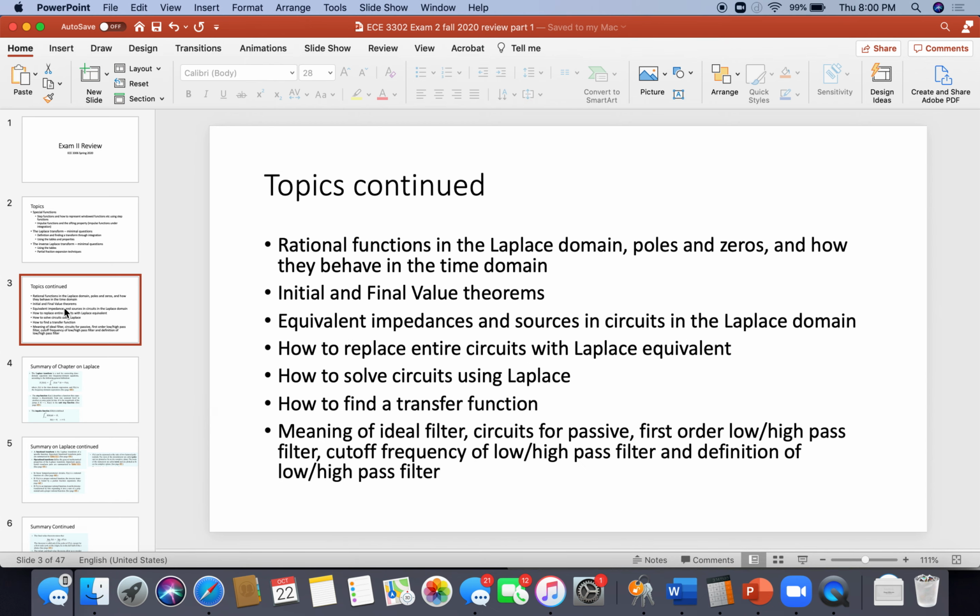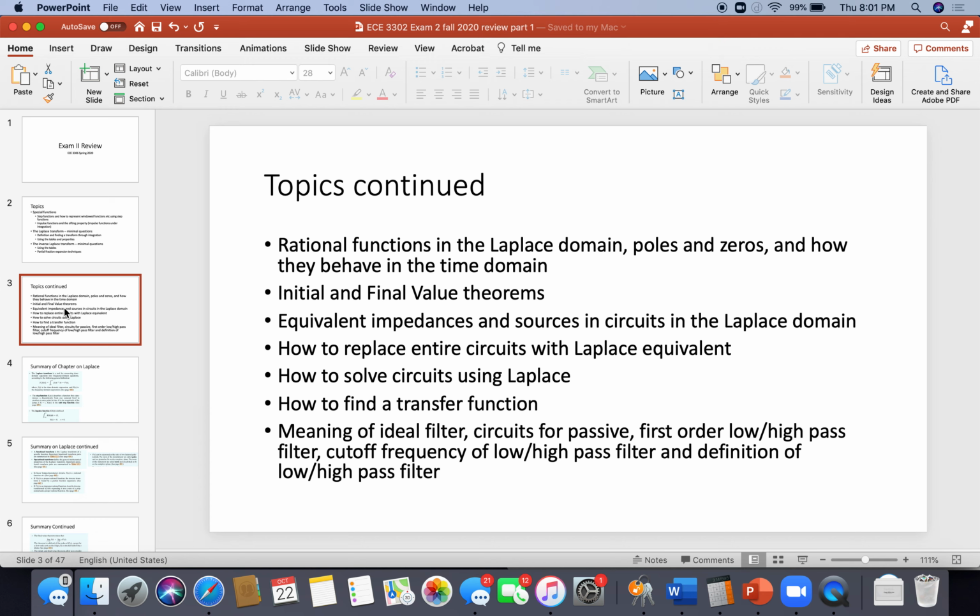So with additional topics, we talked about just rational functions in the S domain. What is the definition of pole and zero? How do they behave in the time domain? I will comment that this will not be a Proctorio supervised exam. And so obviously you may access MATLAB and the use of MATLAB, particularly if that's helpful to you in partial fraction expansions.